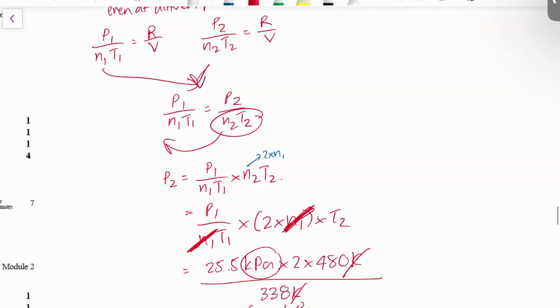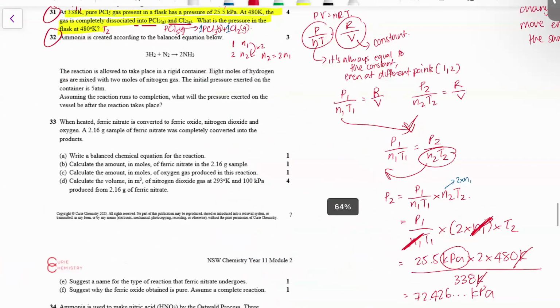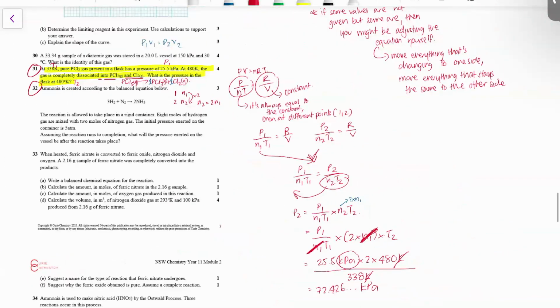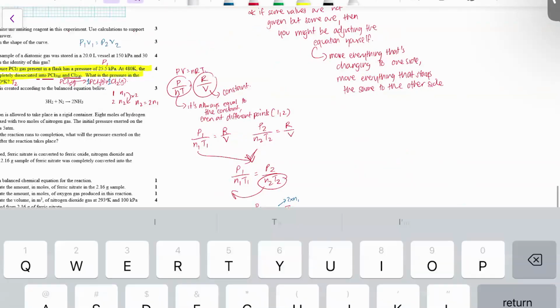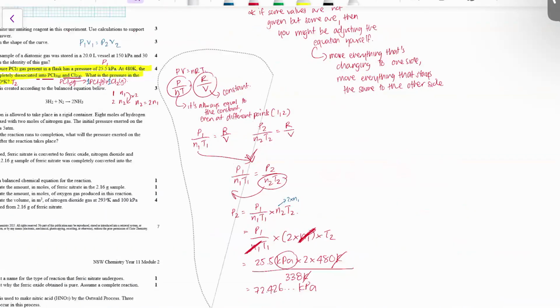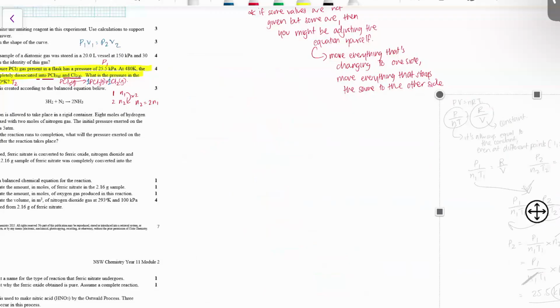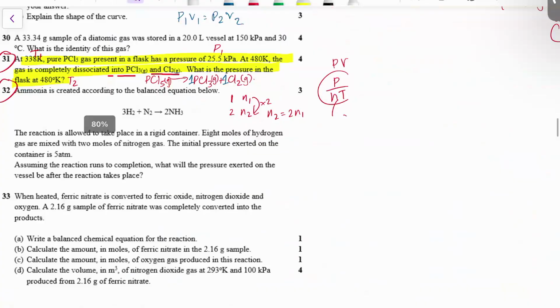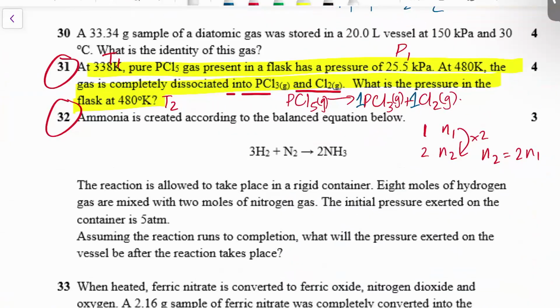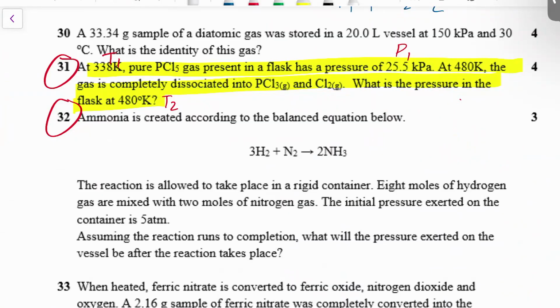Similar next question, but taking it slightly a step further. Before we go on to the next question, keep in mind what the question that we just did said.